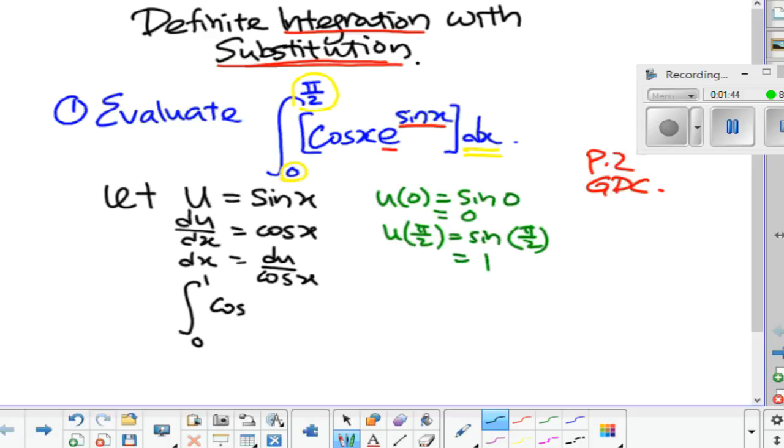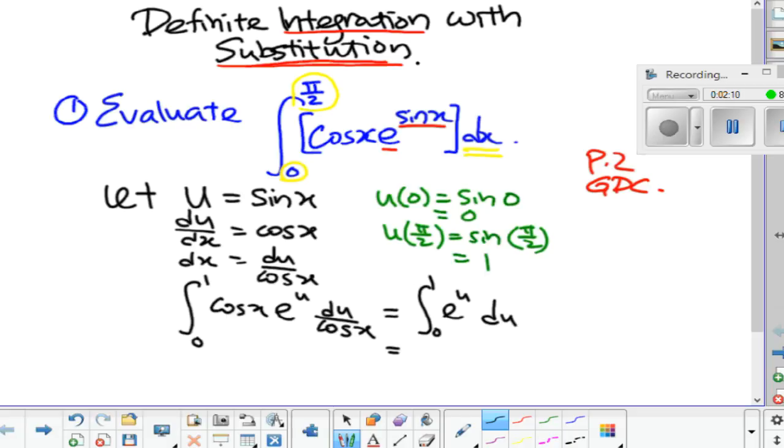Cosine x, I'm going to write it as it is without doing anything, because I'm going to do a cancellation with du over cosine x later. Then e raised to the power of u, and dx now is replaced by du over cosine x. And now you can see the cosine x and cosine x can cancel and be left with this. That is, integrate e to the power of u with respect to u from 0 to 1.